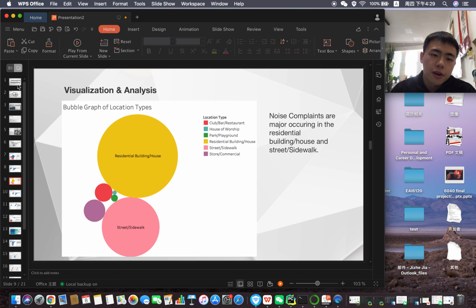Here's a bubble graph of location types. We can find residential building or house, and street sidewalk are the main location types. Noise complaints mainly occur in these two areas.